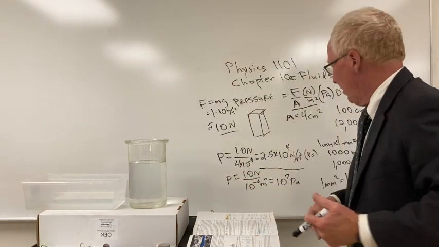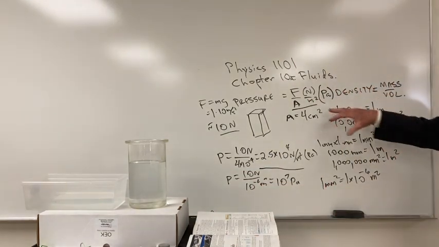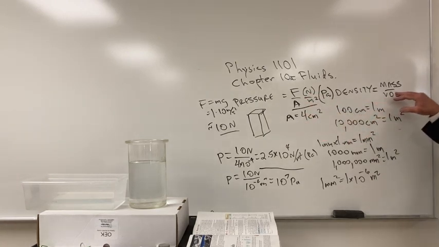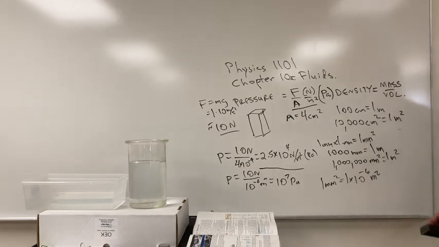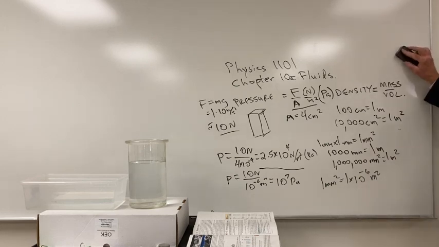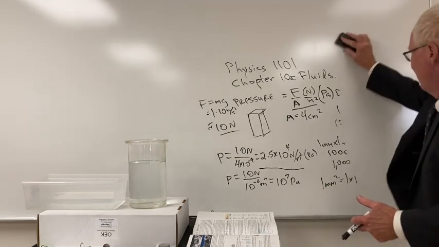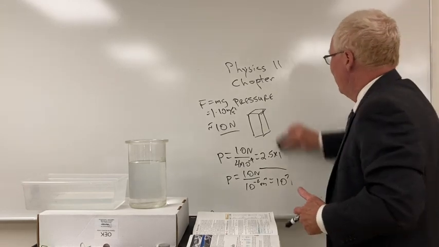So we get into this concept. We've got the concept of pressure, which is force over area, and we'll talk a little bit more about density, which is mass over volume. Okay. So again, here are our conversions: meters squared to centimeters squared, and meters squared to millimeters squared, which will be useful for some of the problems. All right.